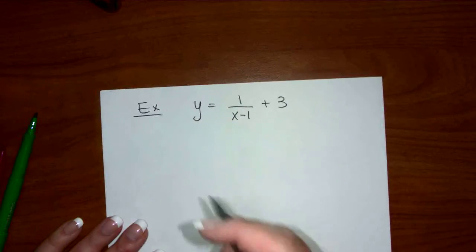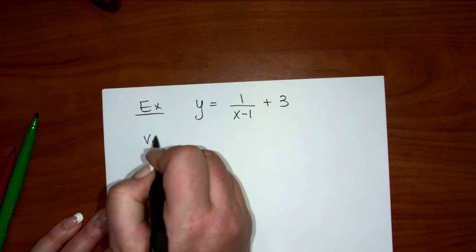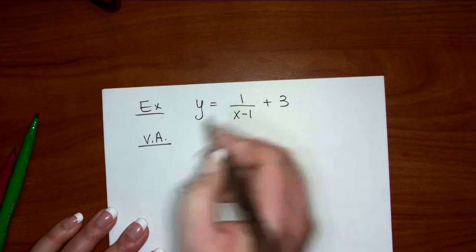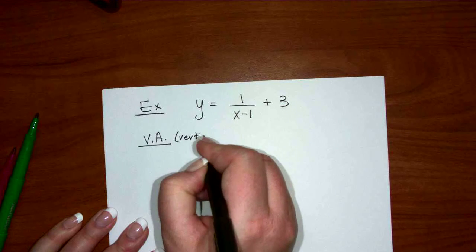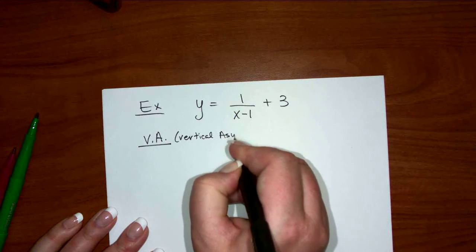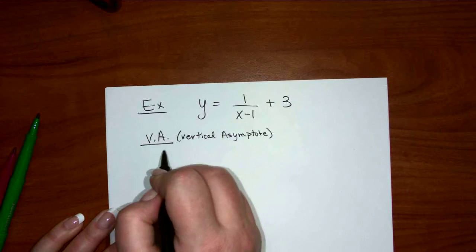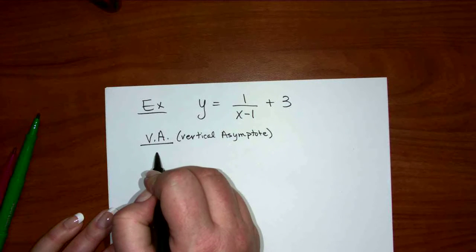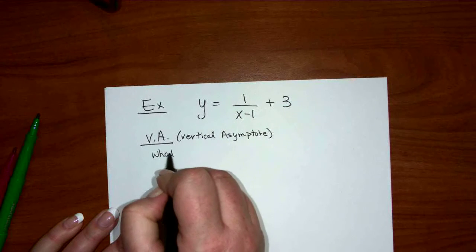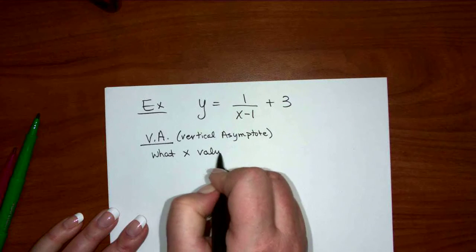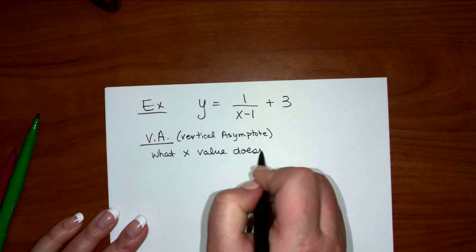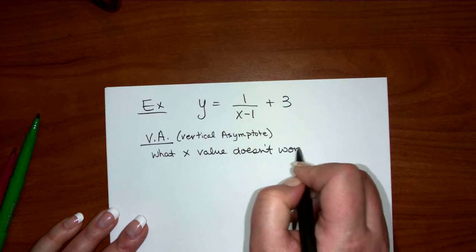Okay, so the vertical asymptote. That's where x can't exist. So what x value doesn't work. How do we find that?